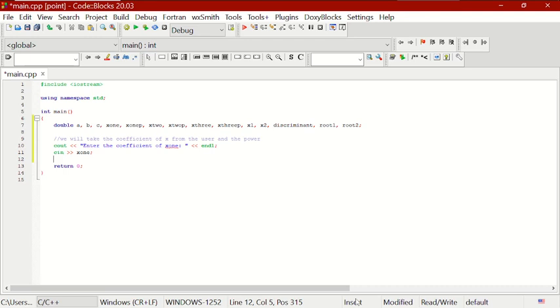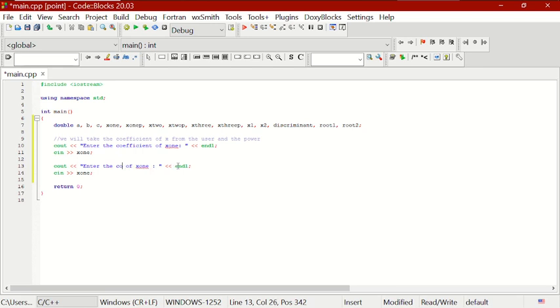So what we're going to do now is we are going to copy this, and we are going to use it instead of rewriting it multiple times. So this one will say x1 power. Okay, we say enter the power.